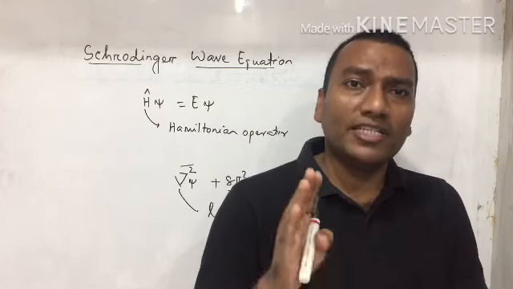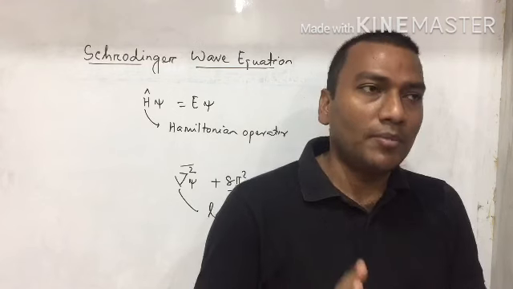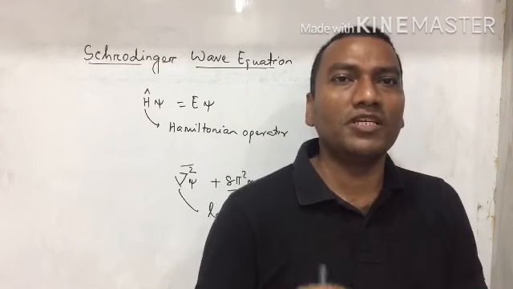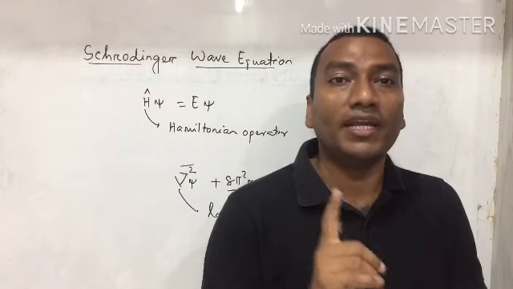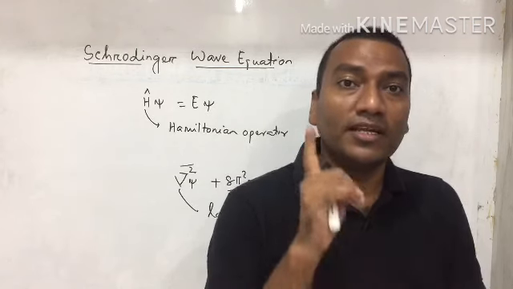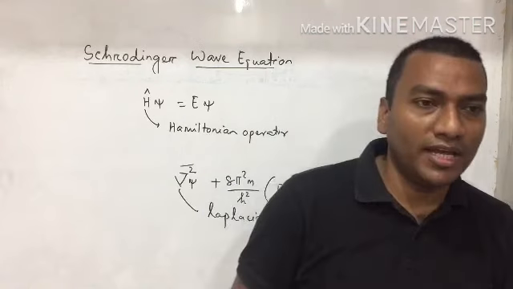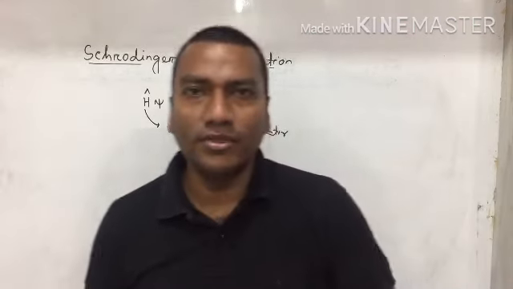The 3-dimensional space where the probability of finding the electron is maximum is called an orbital. So Schrödinger explained the 3-dimensional concept of the atom.